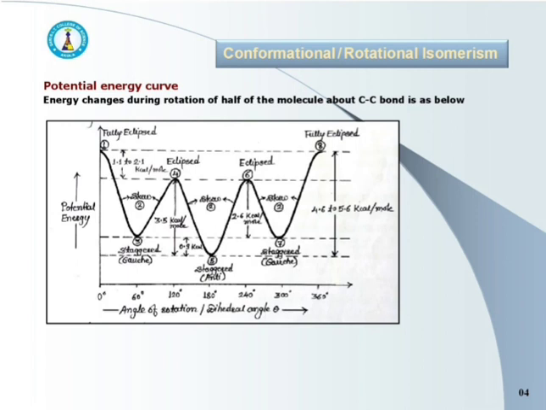And as it is easily overcome, these conformations cannot be isolated from each other. It is not possible to separate all of these conformations, that is fully eclipsed, eclipsed, Gauche, anti or the skew conformation.